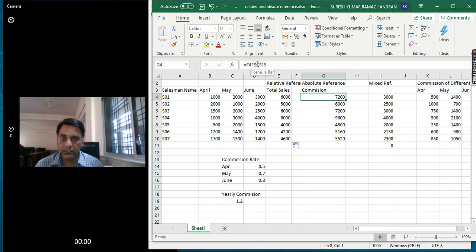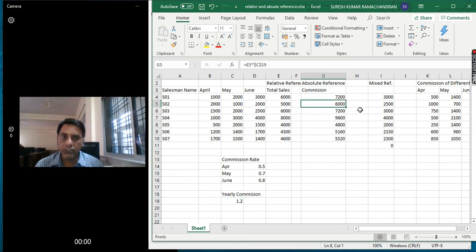You can see the C19 cell, the yearly commission is 1.2, so there is some percentage number there. When we move, E4 just changes. You can see E5, E6, but the C19 does not change. The C19 is fixed and the value is taken from C19 directly here.